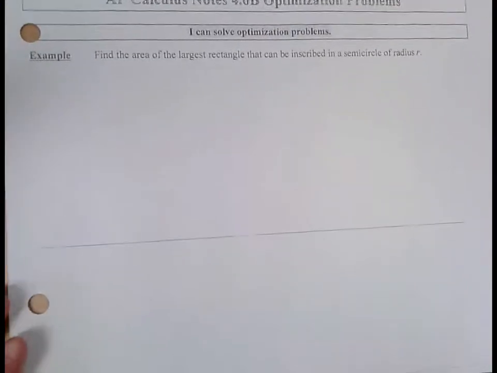So, I said when you solve an optimization problem, the first two things I go between, well, maybe I'll explain this. I don't know if I explained it this way on Thursday. Usually when I read through a problem like this, I think to myself, what am I trying to maximize or minimize? What am I trying to optimize?